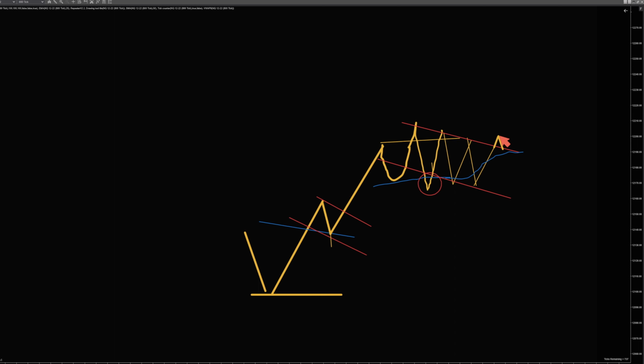Sometimes it is better to wait for the retest to the moving average, and from here you will usually see a stronger move, or if it does pull back, you will see a smaller pullback like that. And this is the final leg of this move here. So this is the first leg, and we have that bigger channel, and this is the second leg of the move.